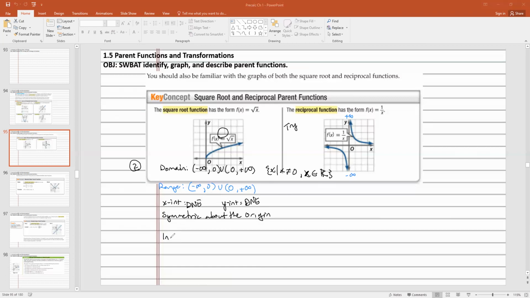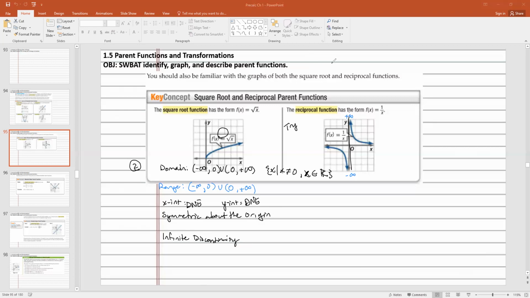What kind of discontinuity is it? It's an infinite discontinuity, because on the left side of 0, it's going to negative infinity, and on the right side of 0, it's going to positive infinity.